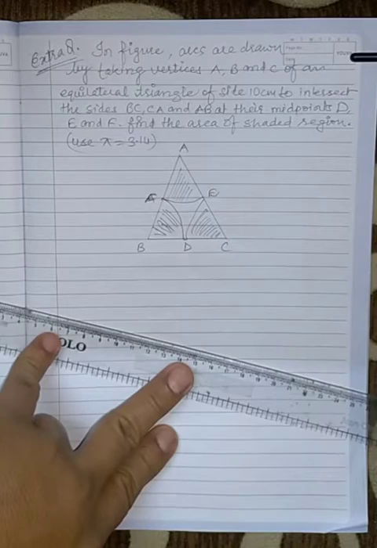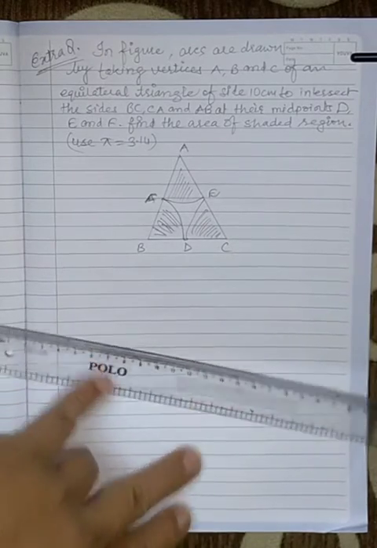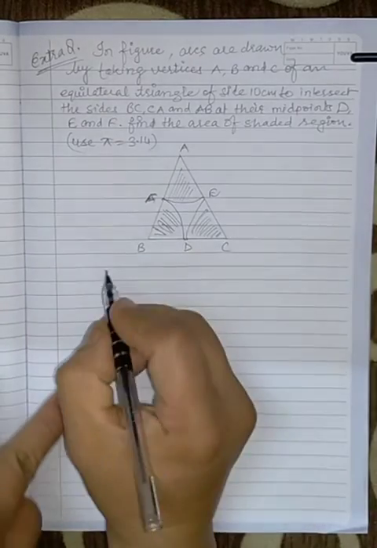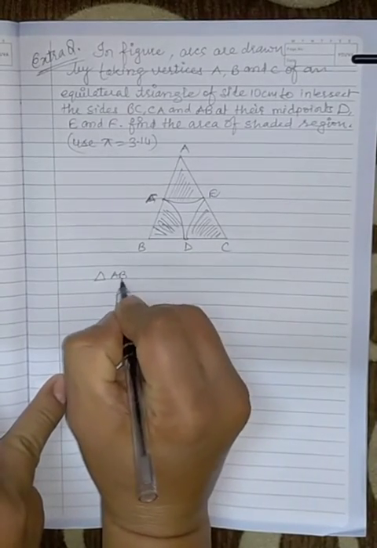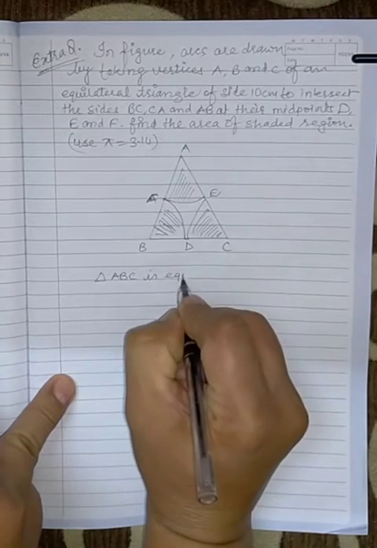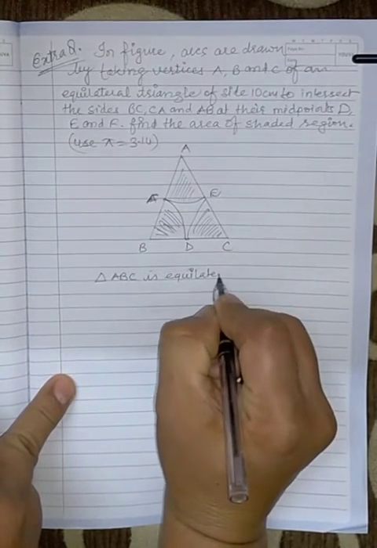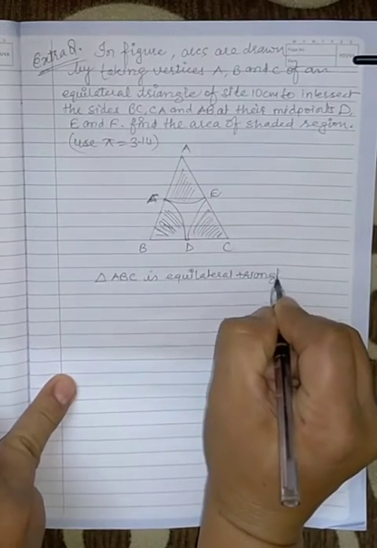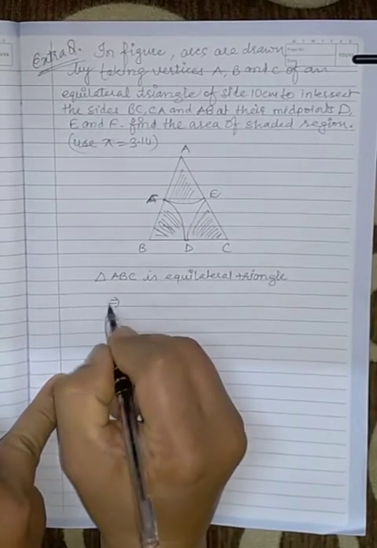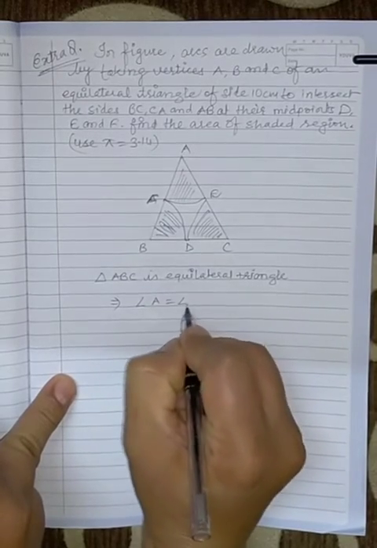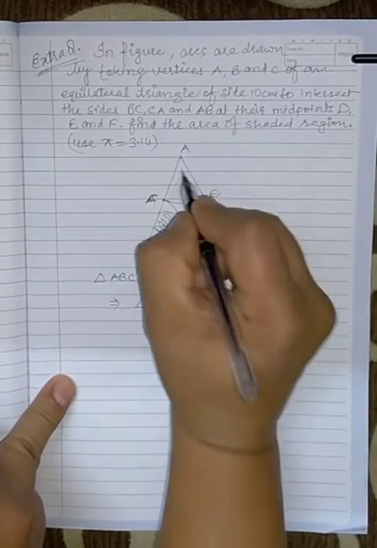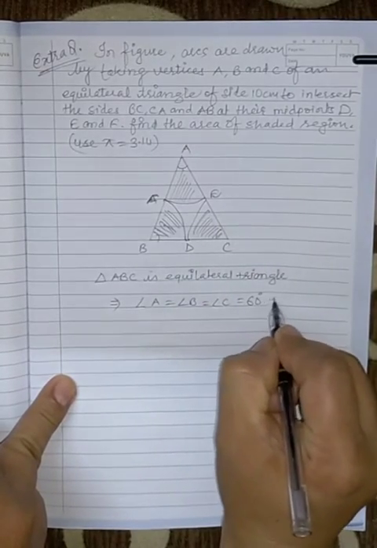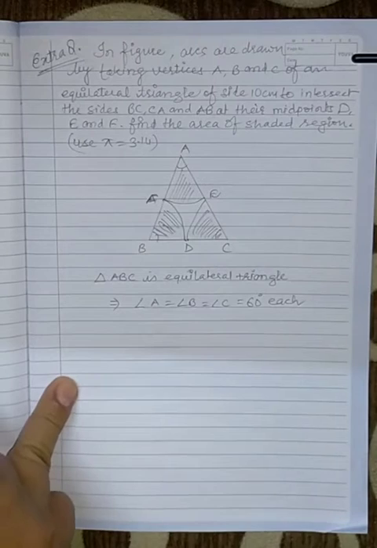Leaving this area. Okay. Now, since triangle ABC is an equilateral triangle, that implies angle A is equal to angle B is equal to angle C, all equal to 60 degrees each.